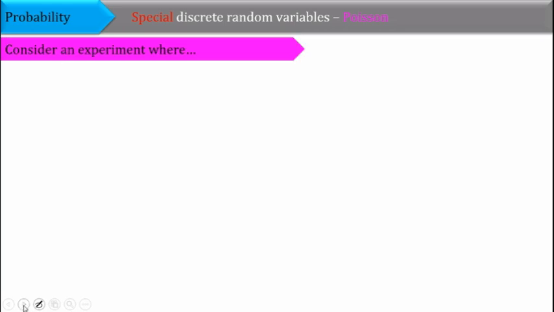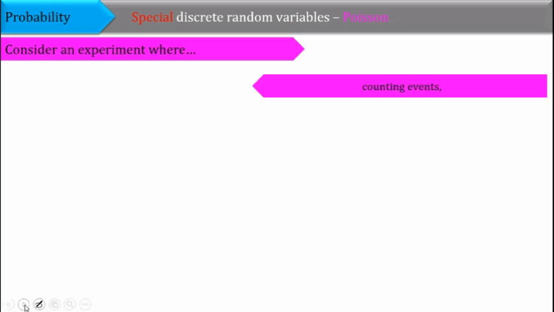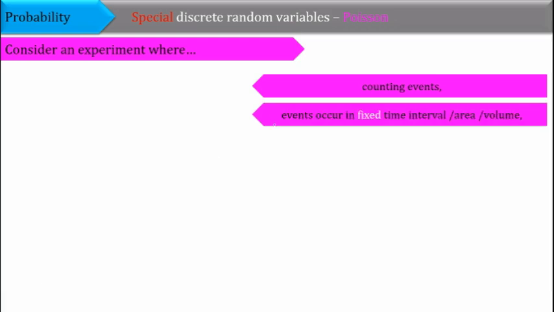Now, consider an experiment where we are counting events, and the events that we are counting occur in a fixed time interval or a fixed area or a fixed volume. So in other words, if we consider a timeline and we have a fixed interval and we have another fixed interval of the same size, another one of the same size, then what we'll be doing is we'll be counting events inside of these fixed time intervals.